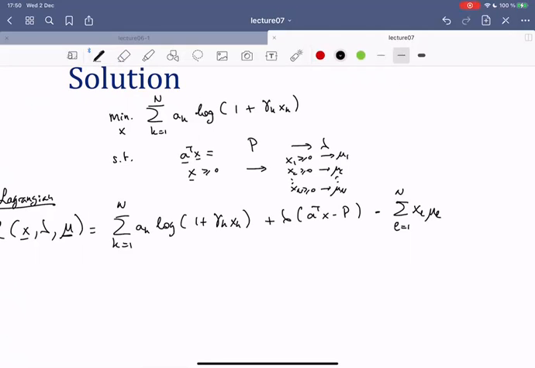So this is the definition of the Lagrangian. Let me just double check everything makes sense. Yes. Okay, I see that I switched the lambdas and the mu's corresponding to the previous notation, but anyway, I think it's okay. This expression is correct.